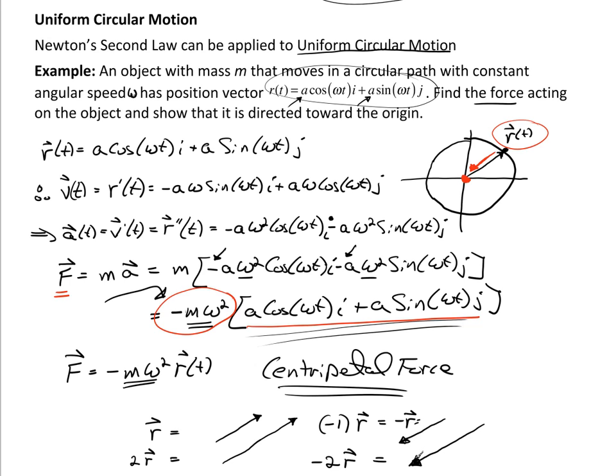And that's all that I'm saying right here: because this negative is going to take R and go in the opposite direction, the magnitude of the force will depend on a combination of this value, the mass, and the angular velocity, and of course the magnitude of the original vector.